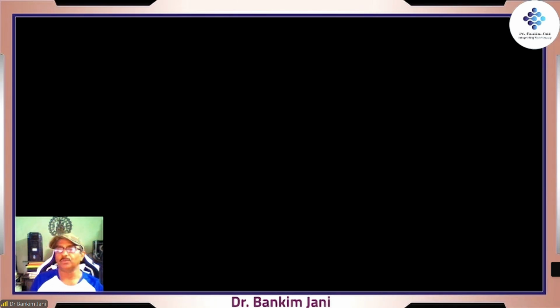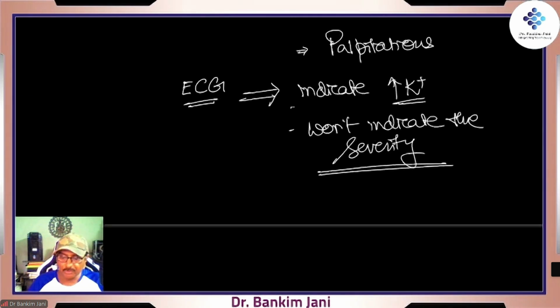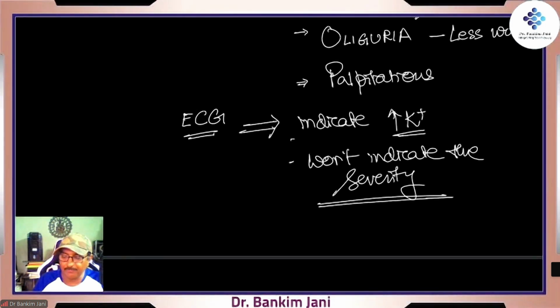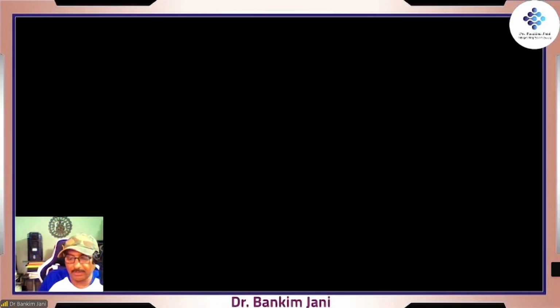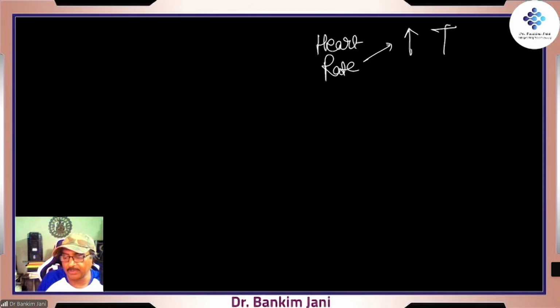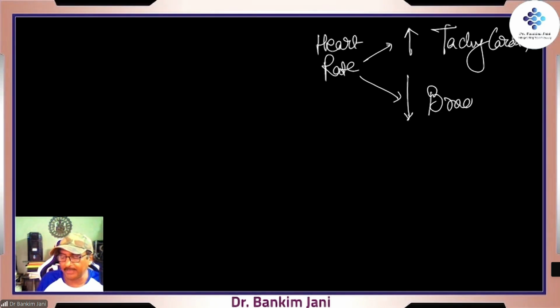No, we can't stamp it like that. I'm just telling you right now that this is when he feels that his heart is beating. Regarding increase or decrease, when the heart rate increases it is called tachycardia, and when the heart rate decreases it is called bradycardia.